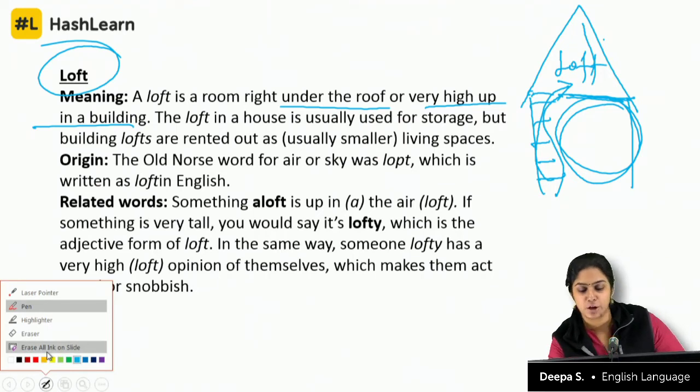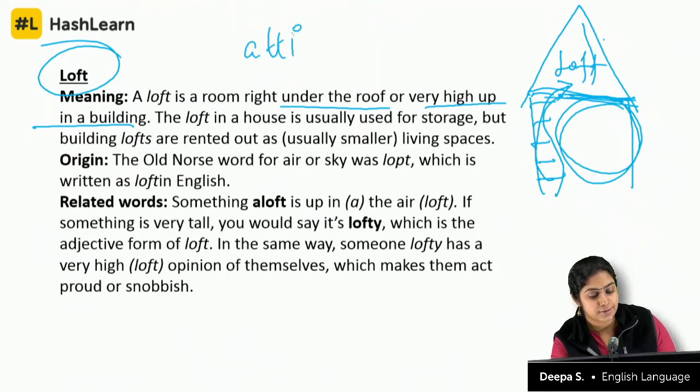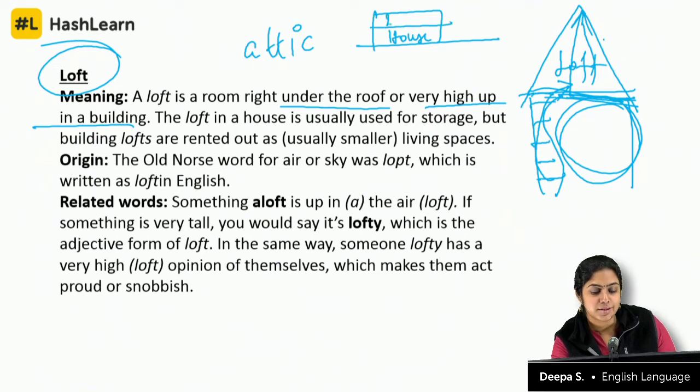So if this is the loft up there, in some places it is called loft, other places it is called attic. The room above the rest of the house, or right on top. The opposite, if this is the house, this is the loft or attic.